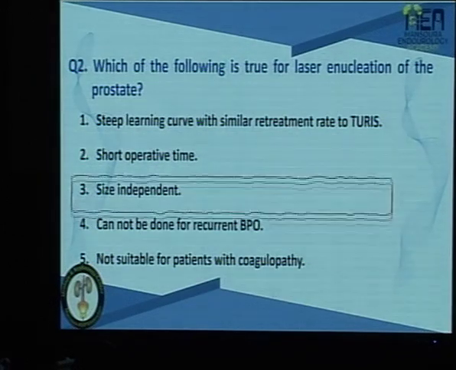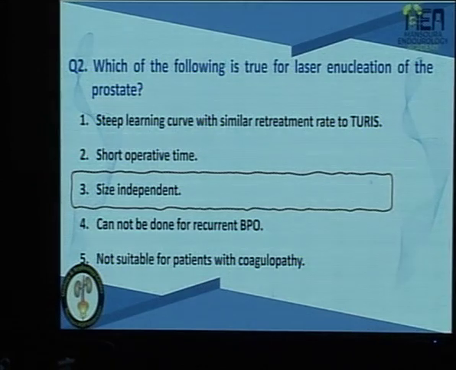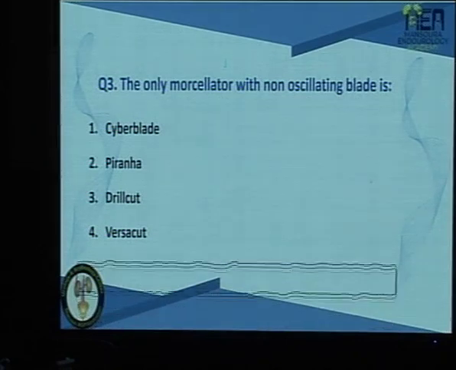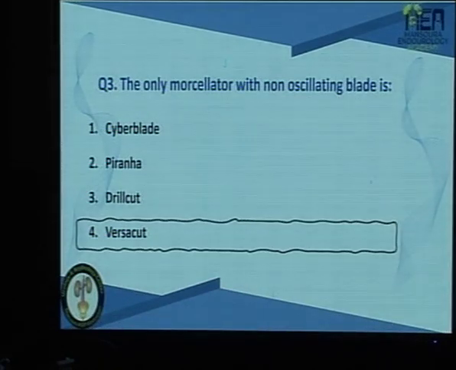It is size independent. The only morcellator with non-oscillating blade is the VersaCut. It works by back and forth, which is called guillotine-like action. It's just like a guillotine-like action. It is not oscillating blade.